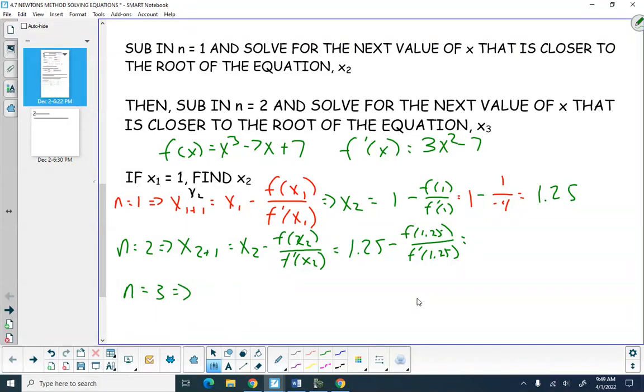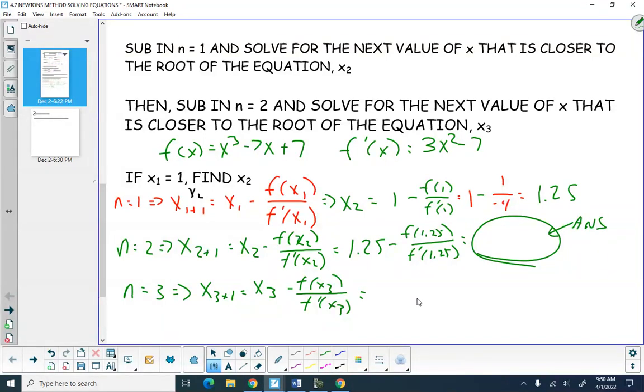So we have x4 equals x3 minus f at x3 divided by f prime at x3. Well, this x3 is this value that we just calculated here. This is a value that we're going to use our answer button for right now.